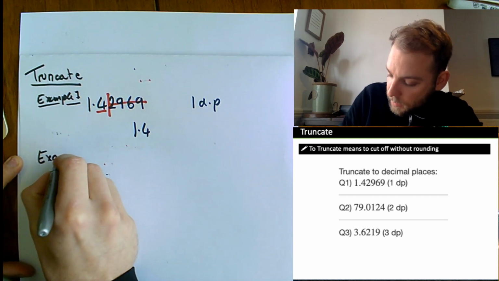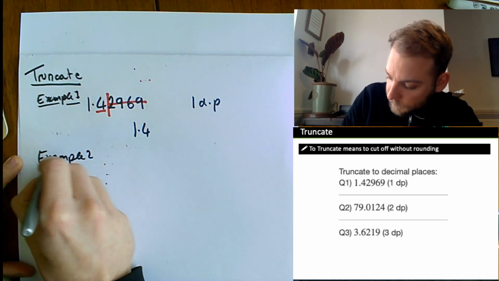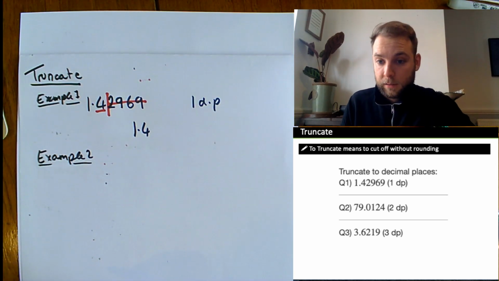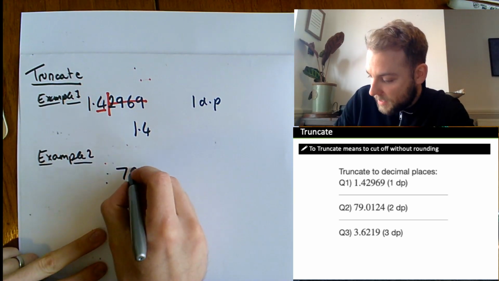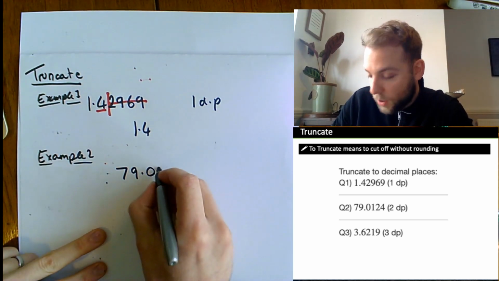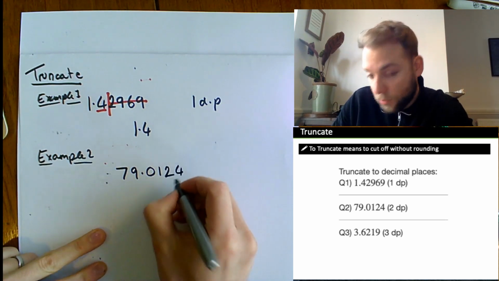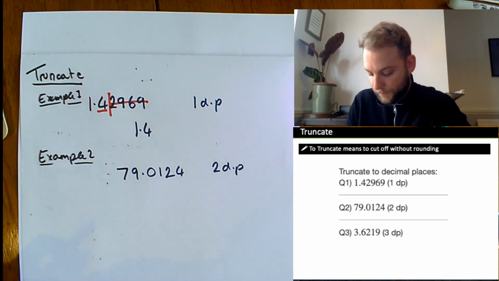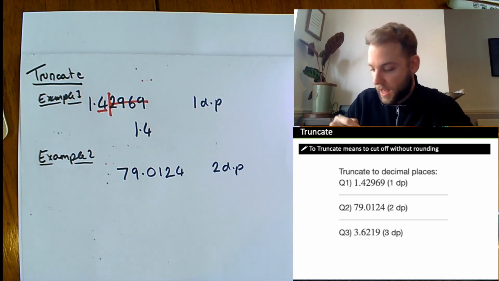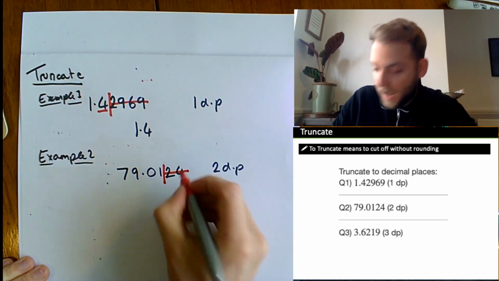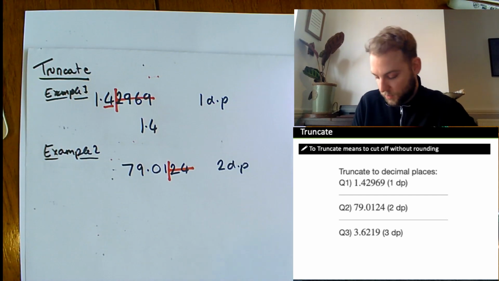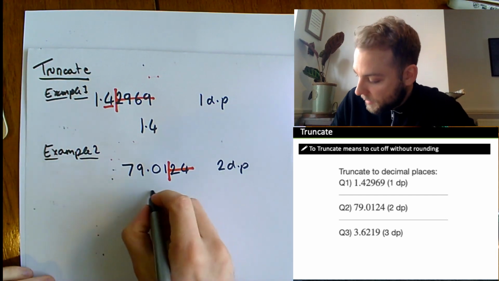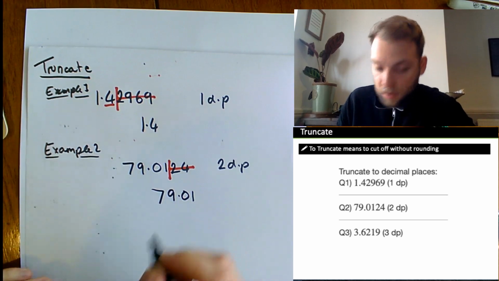Example 2. So this one here, 79.0124. This is to 2 decimal places, truncating. Well, second decimal place is there. Truncate means to cut off. So I just end up with 79.01.